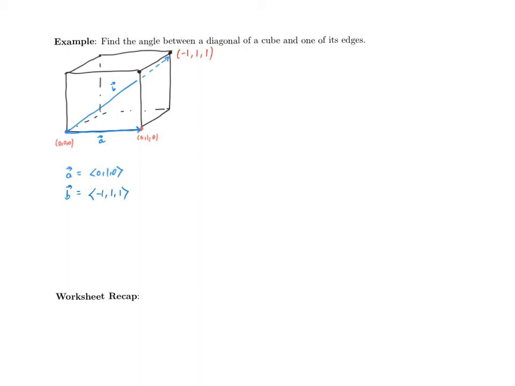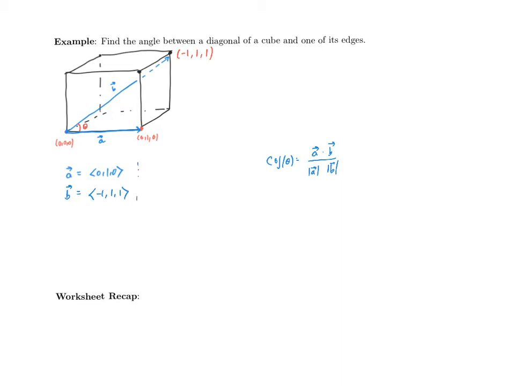If we want to find this desired angle between the two, we now know exactly how we can do that. We have a property of the dot product that tells us cosine of the angle between is A dotted with B divided by the magnitude of A times the magnitude of B.